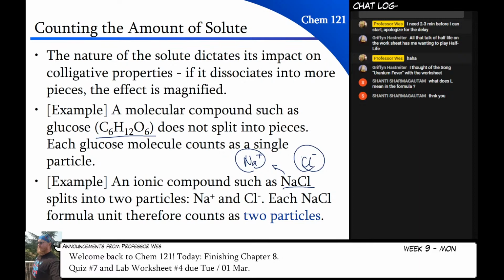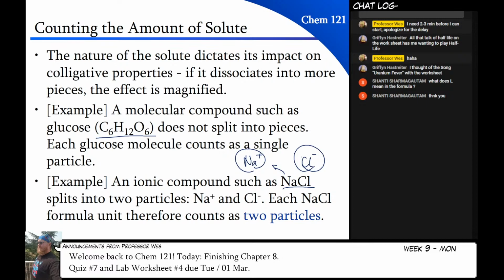And what that means is that if I put in 1 particle of NaCl, 1 formula unit, for example, at the end of the day, I get 2 pieces worth of effect, as opposed to glucose, where I only get 1 piece worth of effect. So, things that dissociate into more pieces, more ions, or more particles, will have a stronger effect on the solution and the colligative properties that we're examining.